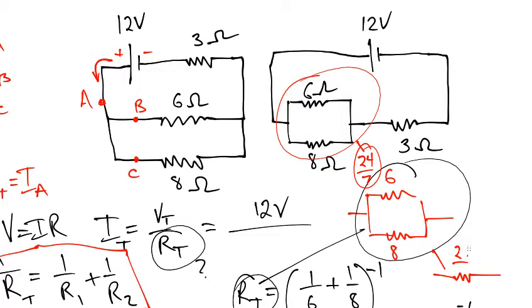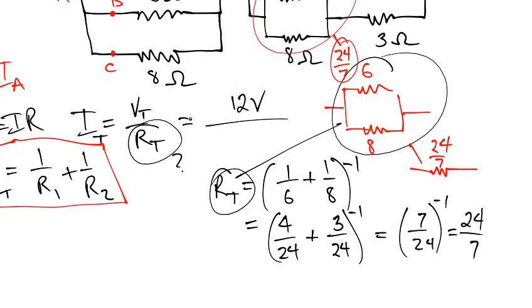That's supposed to be a 4. So this is replaced with 24 over 7. But now that is in series with a 3. And we know that for resistors in series, you simply add them. So all I have to do here for the total resistance of the entire circuit is simply go 24 over 7 plus 3. And that's in ohms.